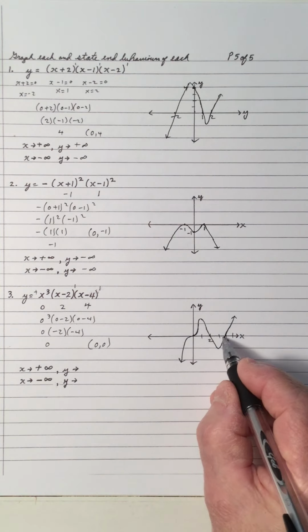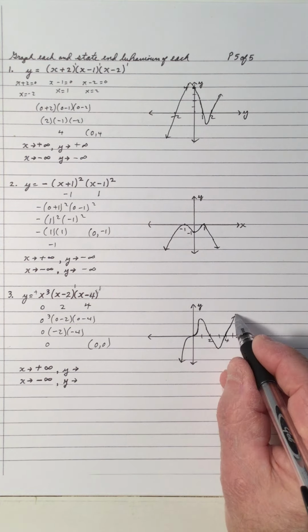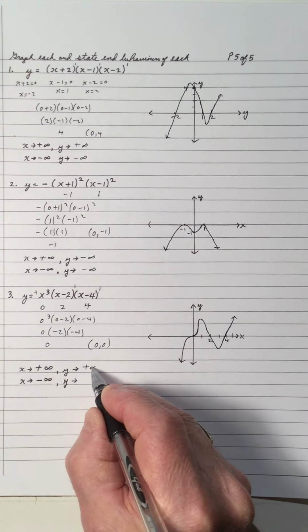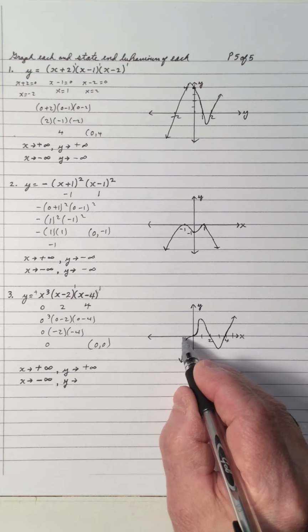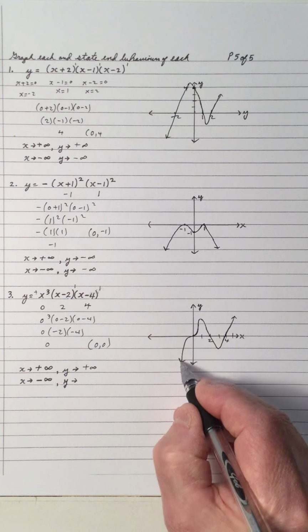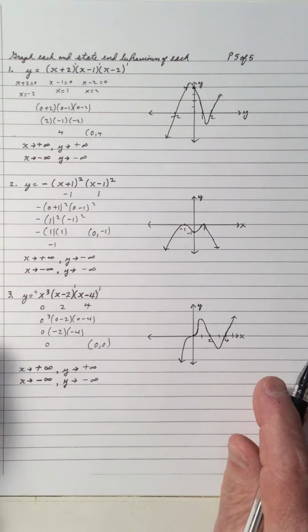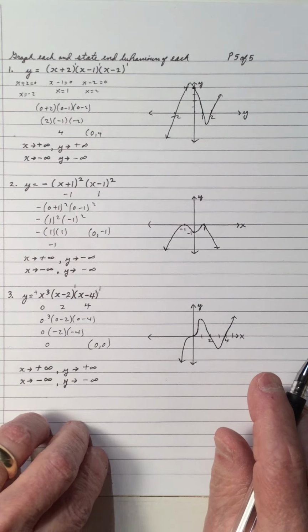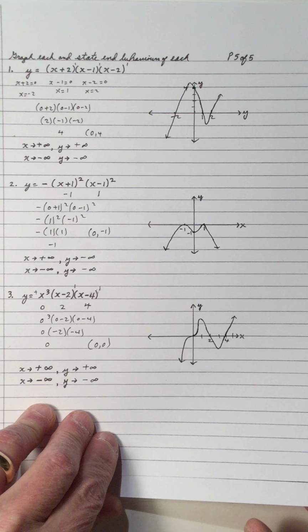And as x goes to infinity, right here, y is going to positive infinity. As x goes to negative infinity, this way, the y is going to negative infinity. So that's explaining the end behaviors in terms of polynomial graphs.